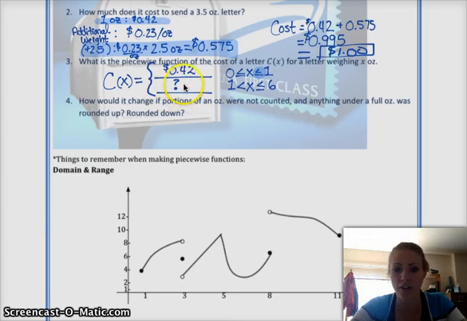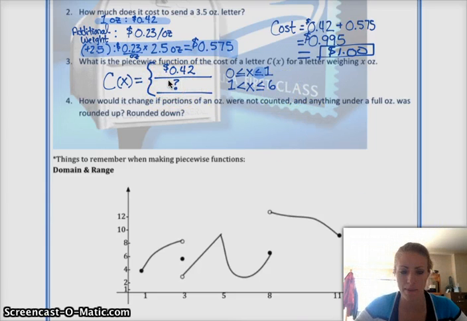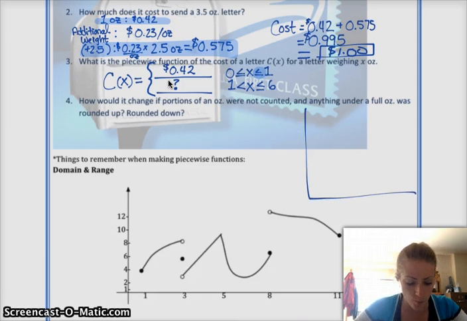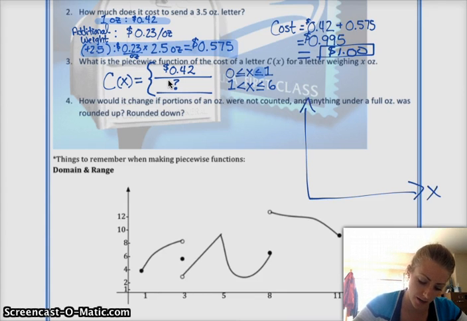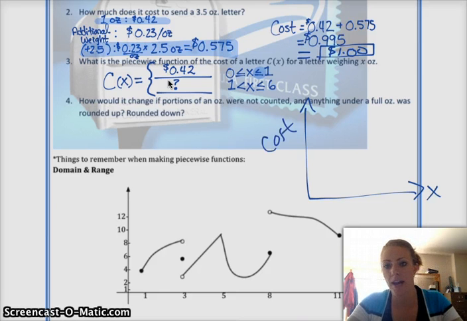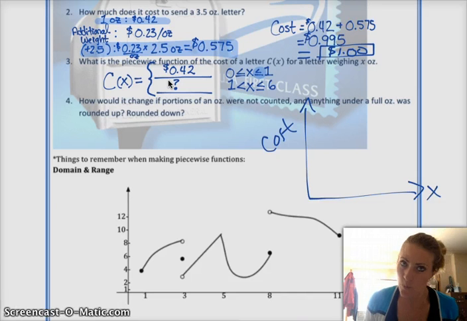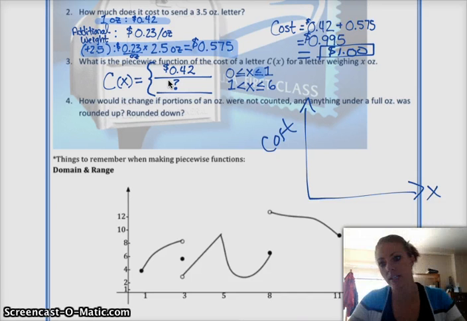To figure out the equation of this function, I'm going to draw a little sketch of what the graph might look like, because we know it's a line. If my x-axis is my ounces and my cost is my y-axis, I know that for every ounce increase, there's a 23-cent increase.